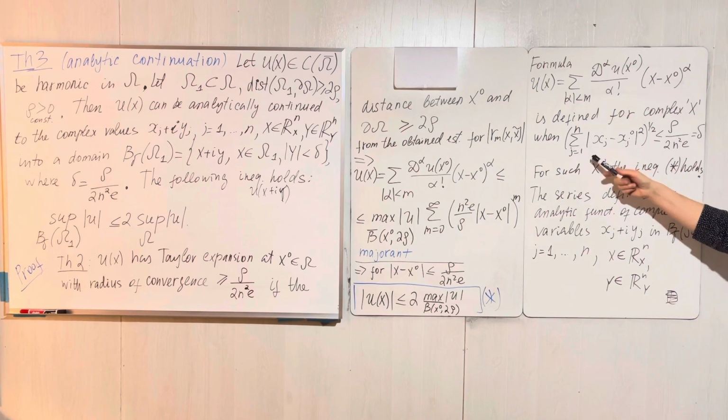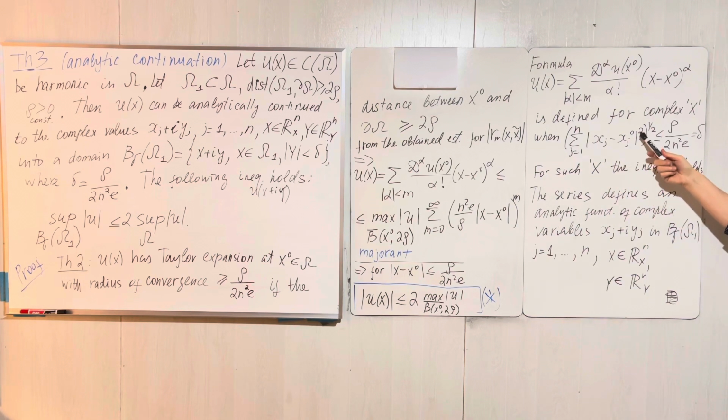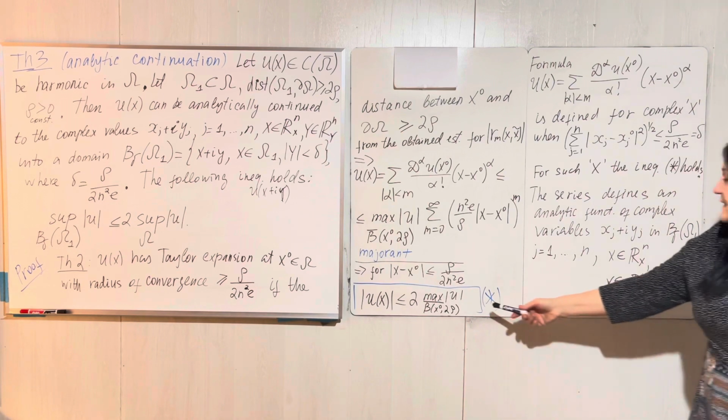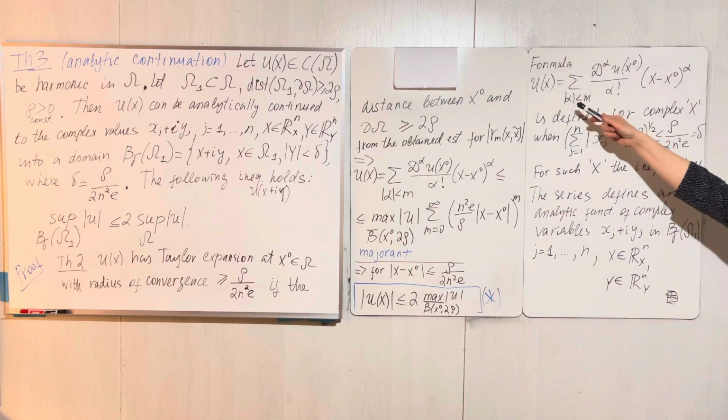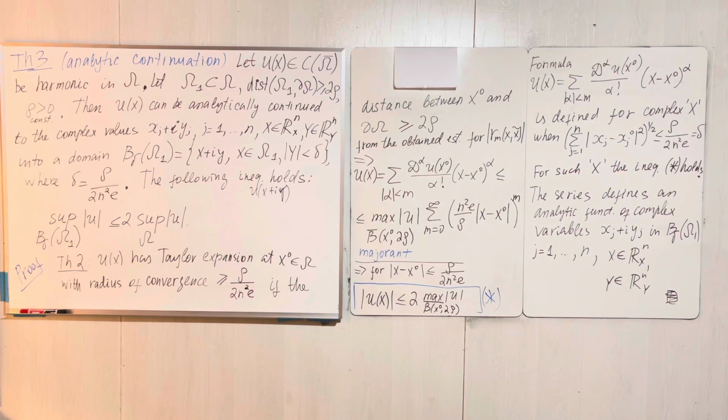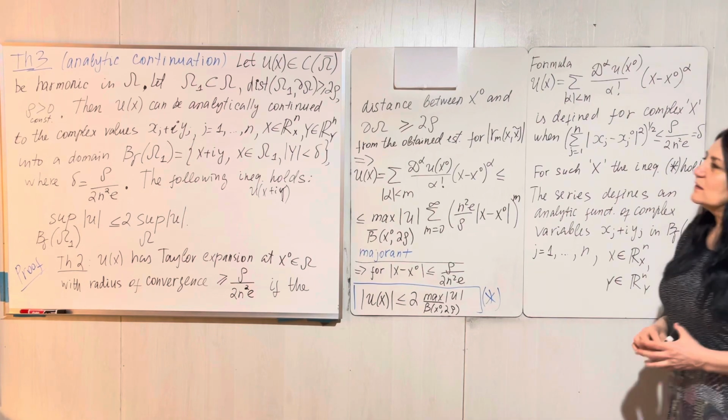When the sum of xj minus xj naught squared, to the 1/2, is less than or equal to rho over 2n square e, we call this number delta, and for such x we will see that this inequality holds, and this series defines an analytic function of complex numbers in this domain b delta, when x is our real vector and y is our real vector.